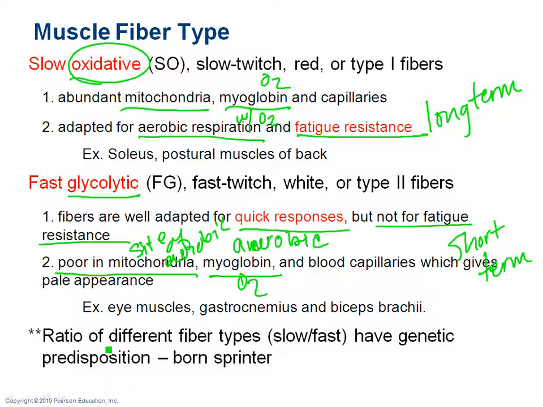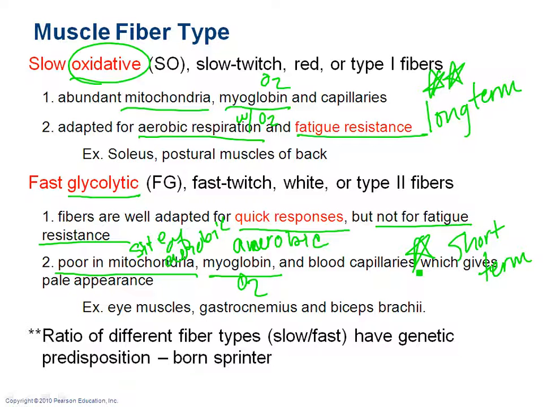So if you see somebody who can run marathons and doesn't get fatigued easily, and they're 8 years old, you can say, wow, he's a born marathon runner. What does that really mean? That means he probably has a ratio of more slow oxidative muscle fibers than fast glycolytic fibers. If somebody is a born sprinter, they have quick bursts of energy, but they can't do long term as well. That person probably has a ratio of more fast glycolytic than slow oxidative fibers.